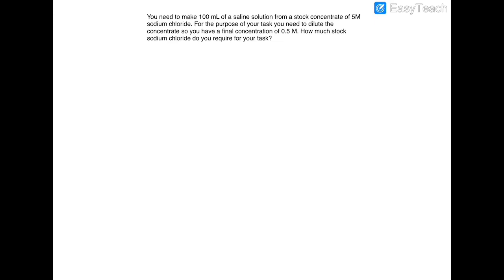So, first of all, in a problem like this, we automatically see that we are diluting something, so one formula should come to mind, and that is C1V1 equals C2V2. If you have never used this formula before, I'm just going to go through it really briefly here.